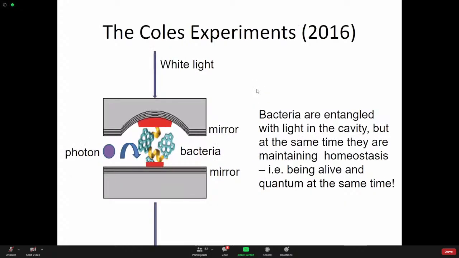So the experiment I want to very briefly comment on: we are continuing with this line of research, and I will show you what we are hoping to do in the relatively near future.